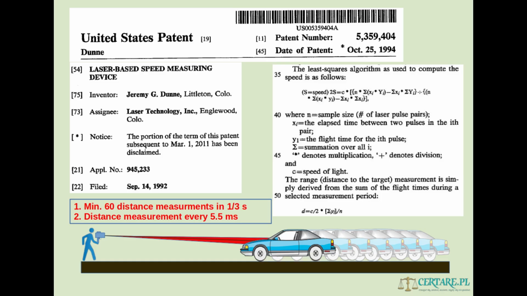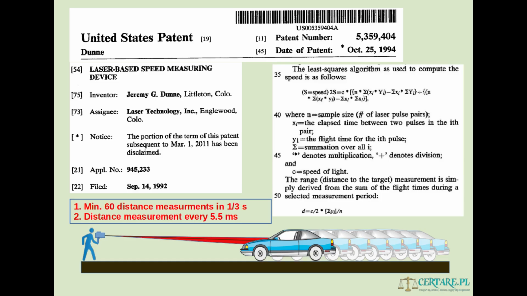They are all fed into a special statistical formula or algorithm called the least squares algorithm, and basically that produces a single speed measurement out of all of the data. That formula is shown in the patent. There are some typographical errors in it, but they corrected it later.